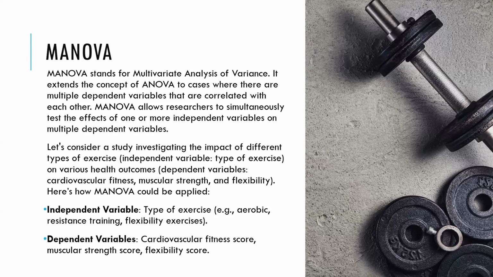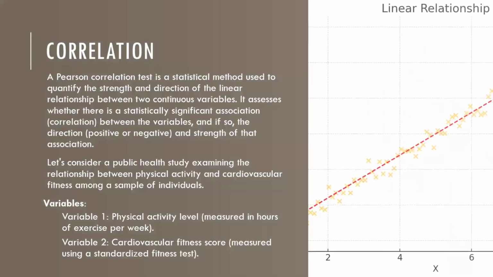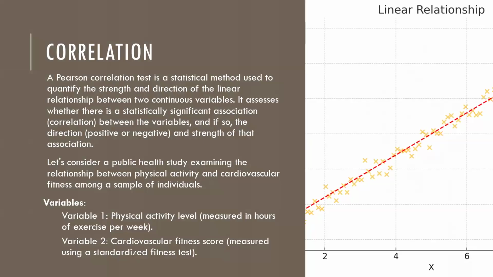In the case of the MANOVA, you can actually have more than one dependent variable. They do this a lot in financial types of studies, but in this example here, we're looking at different types of fitness scores, looking at cardiovascular fitness, muscular strength, and flexibility. So 3 different dependent variables.